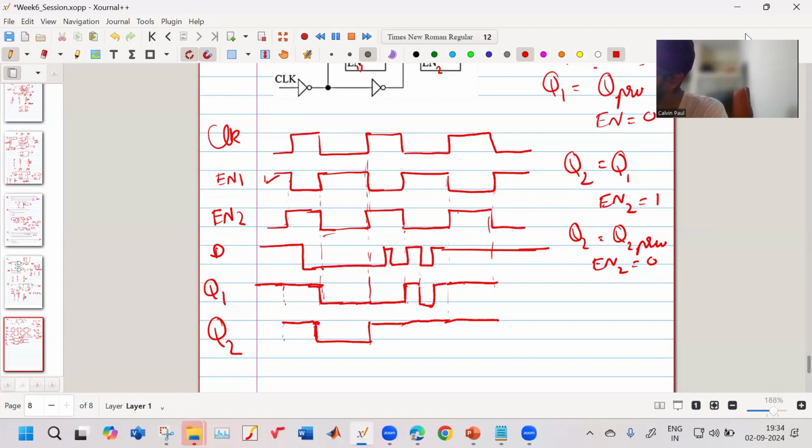And then when enable 2 goes low, whatever value of Q1 is there at that instant, it will store. So effectively, Q2 is taking this data of D at the falling edge of the clock.